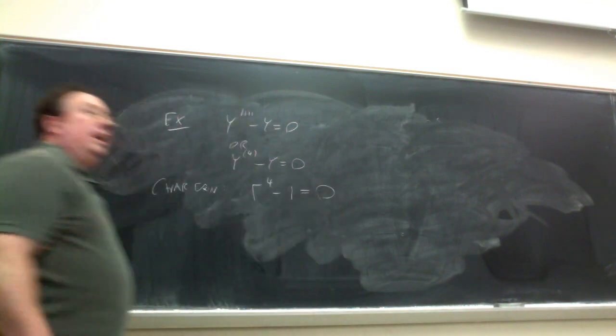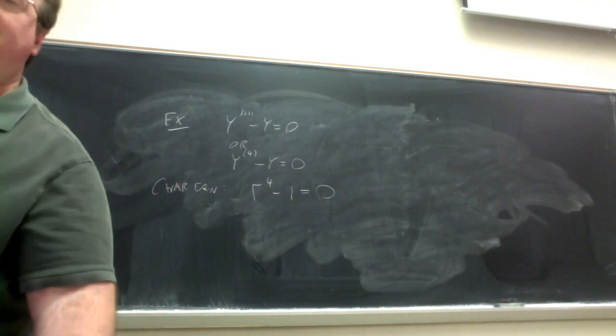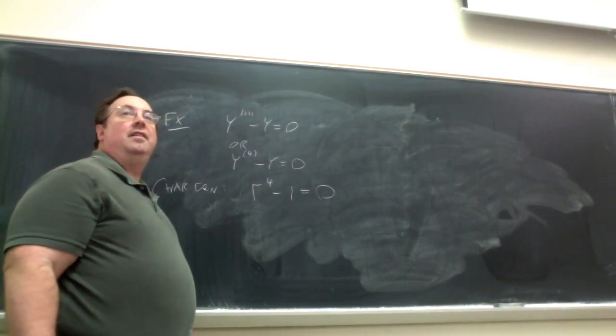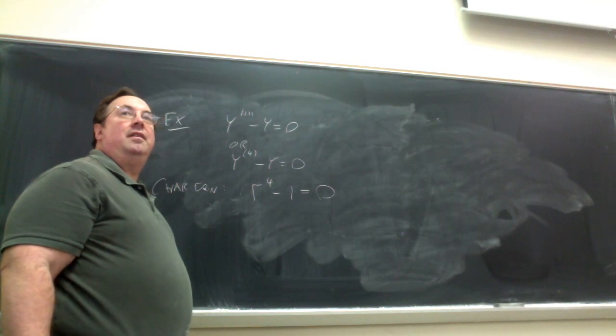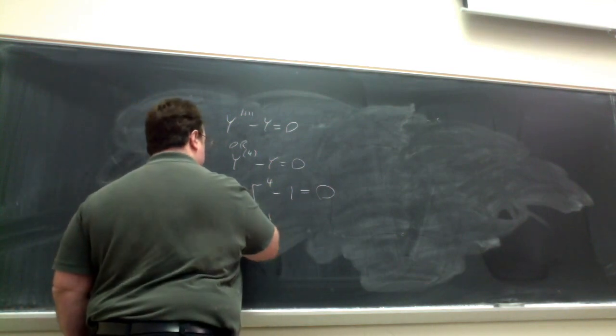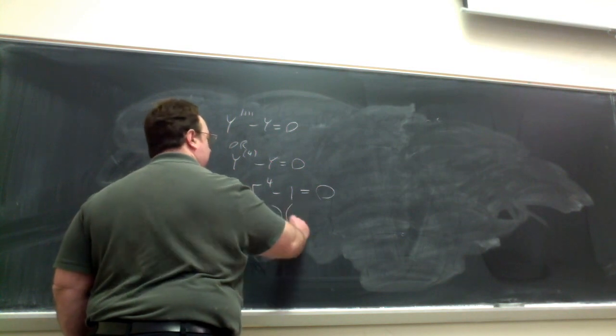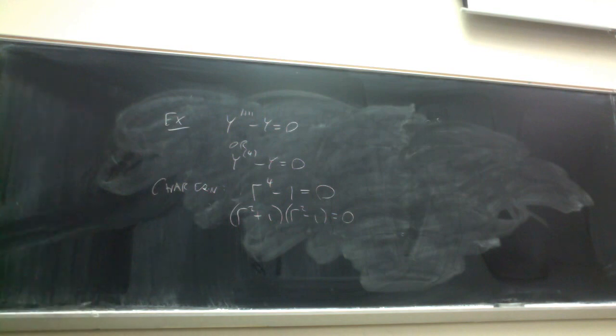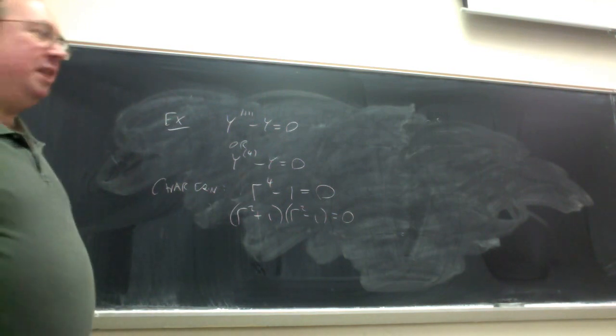Okay, and what can we do to start factoring that? r squared plus one, r squared minus one. The difference of squares there. How much further can we go, at least by keeping it real?